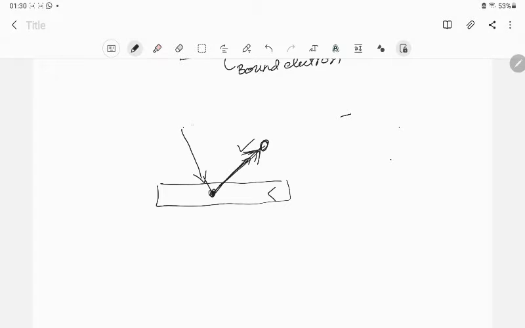Now the incident photon has energy E equal to h nu, and we know that in order to eject an electron, an amount of energy equal to the work function is required.